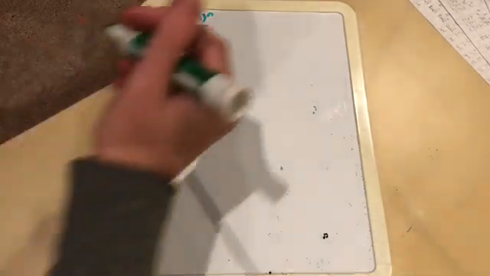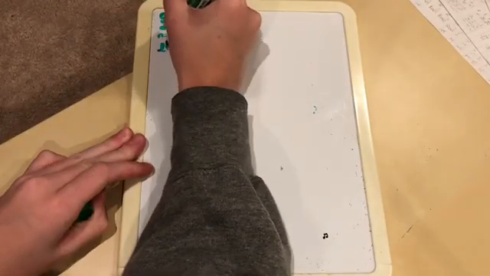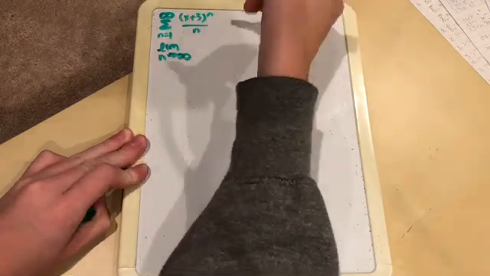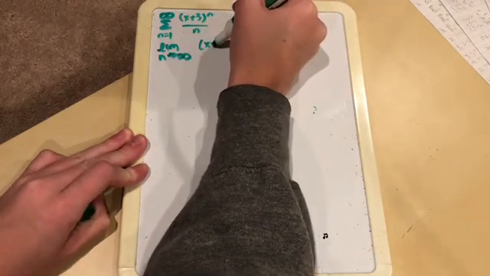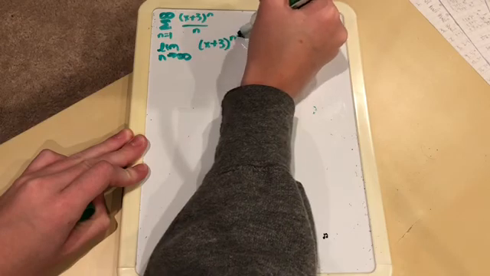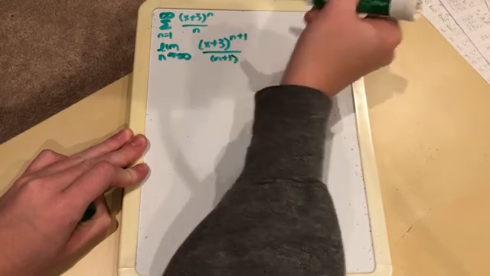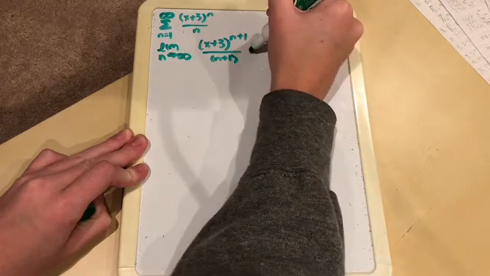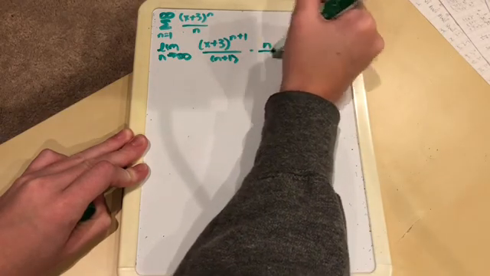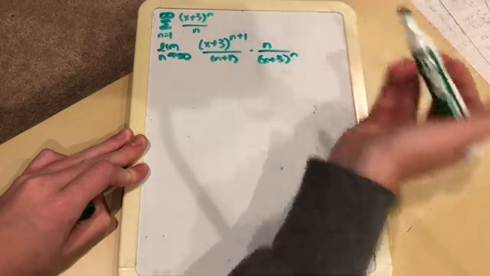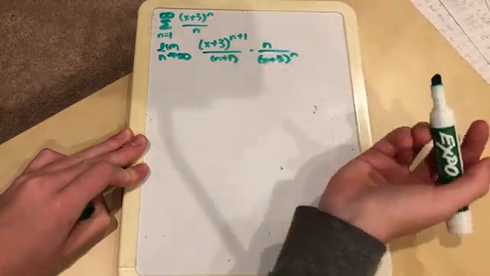So what we'll do here is the limit as n approaches infinity of (x+3)^(n+1) all over n+1, and then times n over (x+3)^n. And that's the simple ratio test that we should know.